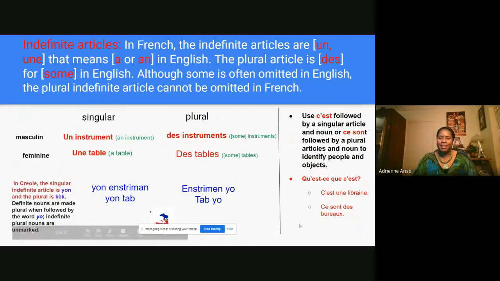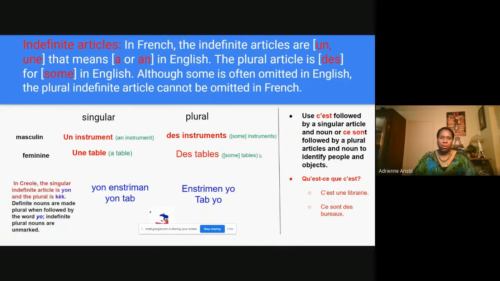Now, indefinite articles. We just talked about definite articles, now indefinite articles.